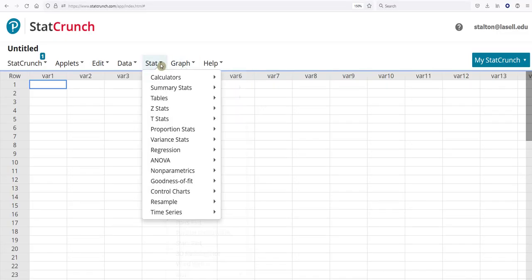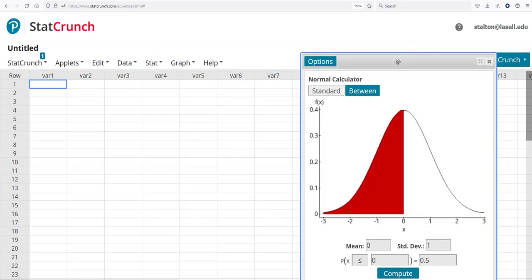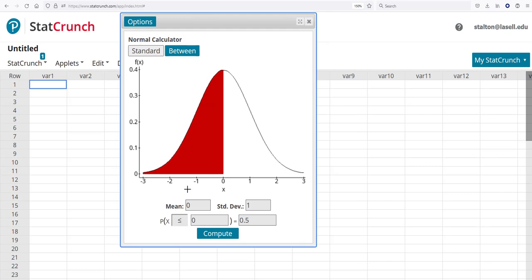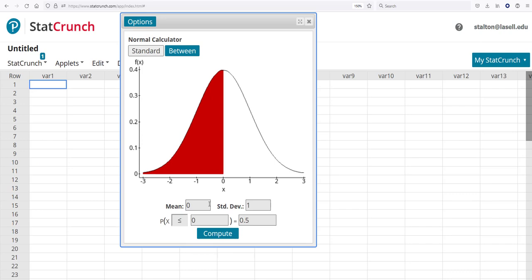So we're going to go to Stat, then Calculators, and then Normal. You have to make sure that your mean is 0 and your standard deviation is 1, because this is a standard normal distribution problem, and they want us to figure out negative 0.99.